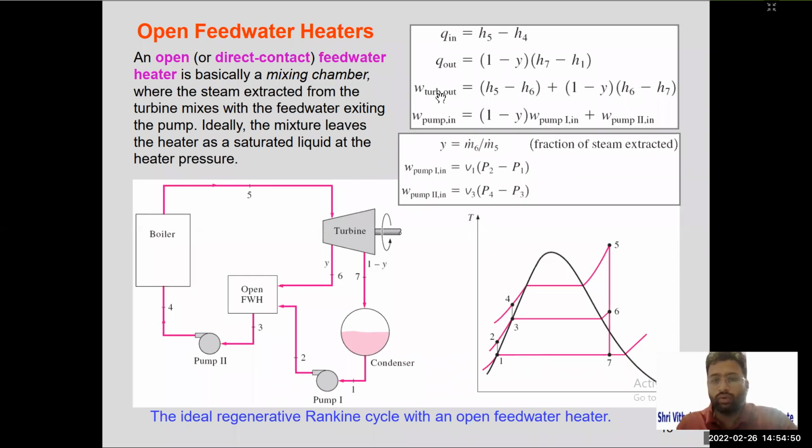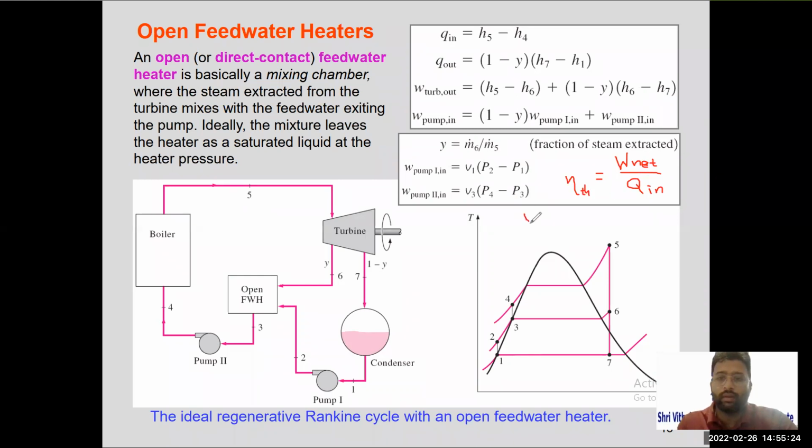So now you know total turbine work and total pump work. Net work will be total turbine work minus total pump work, divided by Q in, and that will be the thermal efficiency. So the thermal efficiency in this case will be equal to W net divided by Q in, right?